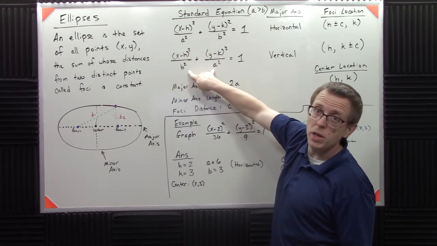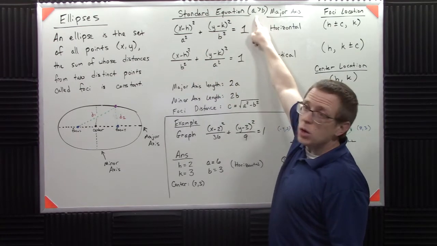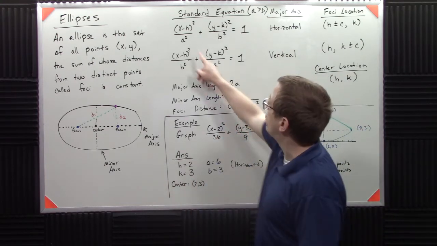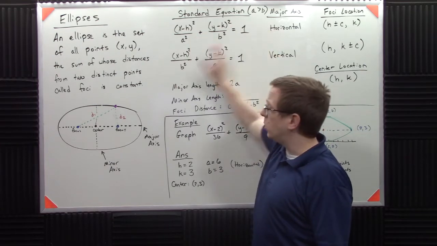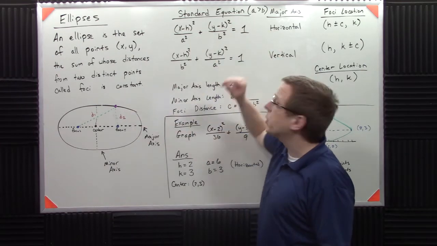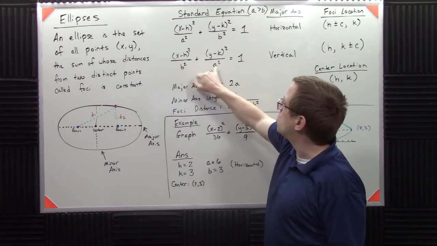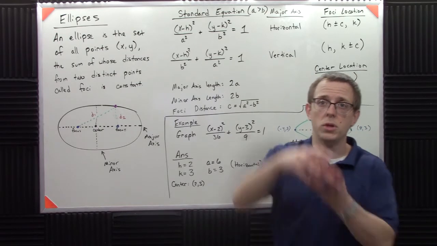In this case, you have b^2 and a^2, respectively. So for the standard equation, a is always bigger than b. So what does that tell me? That tells me that if the number under the x term is larger, it's a horizontal ellipse, something that looks like this. If the number under x is smaller than the number under y, it's a vertical ellipse. It stretches this way.